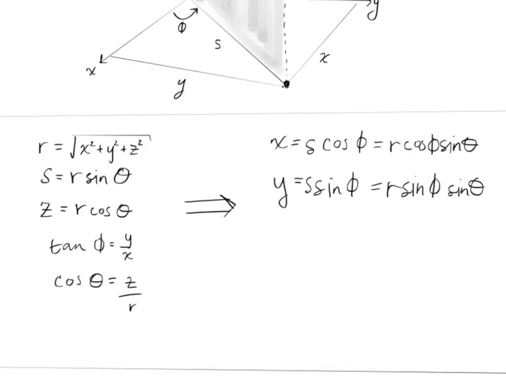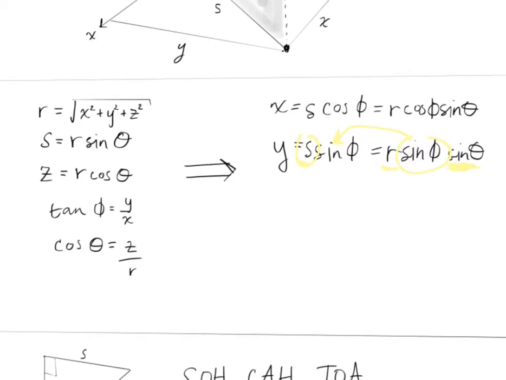And we'll do the same thing with our y component. In the polar system, we defined y as s sine phi. So we're going to take that s, which we've defined in spherical terms, and replace it here, and we'll get r sine theta, and we'll have this remaining sine phi.